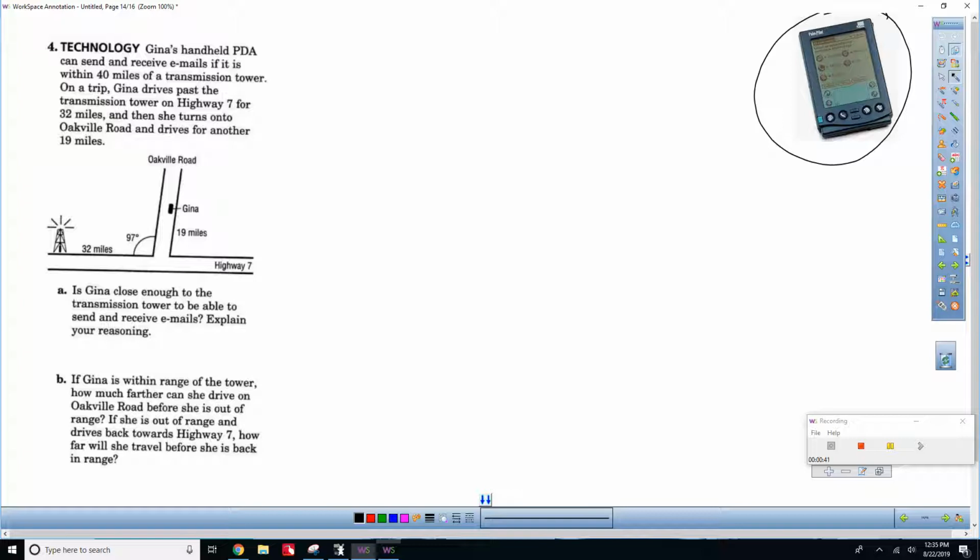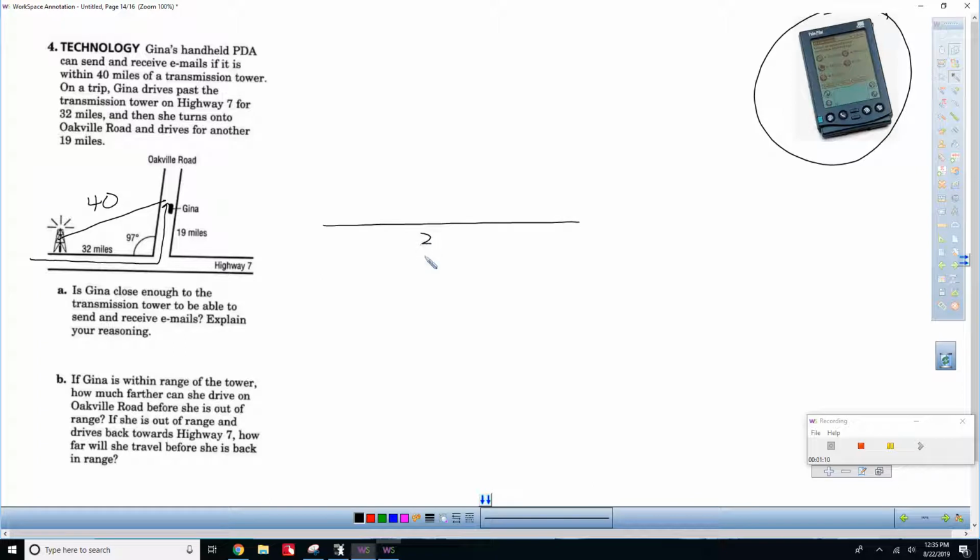Here's the problem. Basically, Gina's going this way and then turns left and is heading this way. And she needs to be within 40 miles of that transmission tower. So, is Gina close enough to the transmission tower to be able to send and receive emails? Let's see.